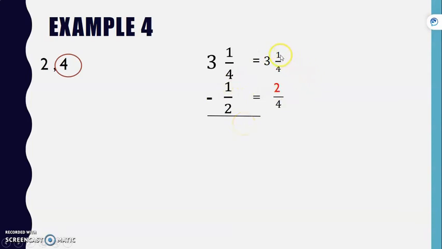Uh-oh. I wanted to subtract these two fractions, but I can't because this 1 is smaller than this 2. You can't do that. So we're going to do something where we borrow. I'm going to borrow from the 3, and that's going to turn into 2. Now I'm going to add that whole back into the fraction. But remember, to make a fraction whole, we have to think about what the denominator is.